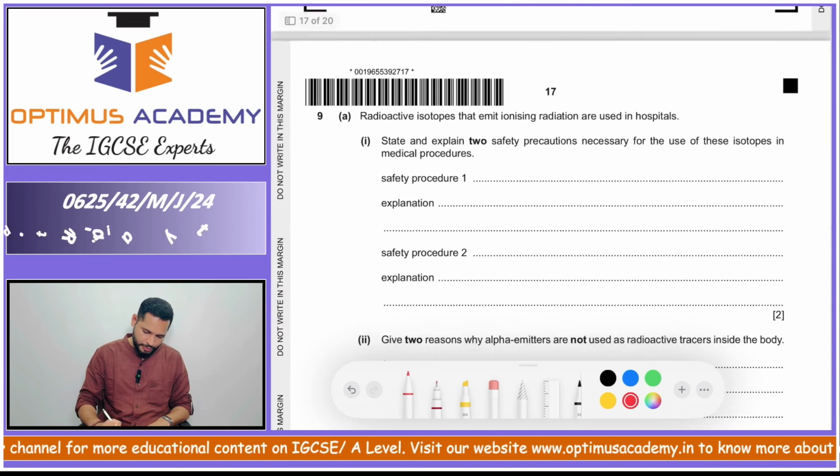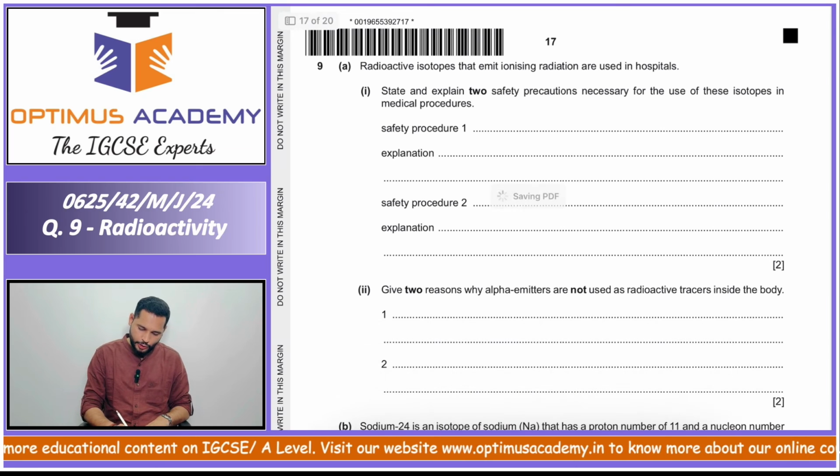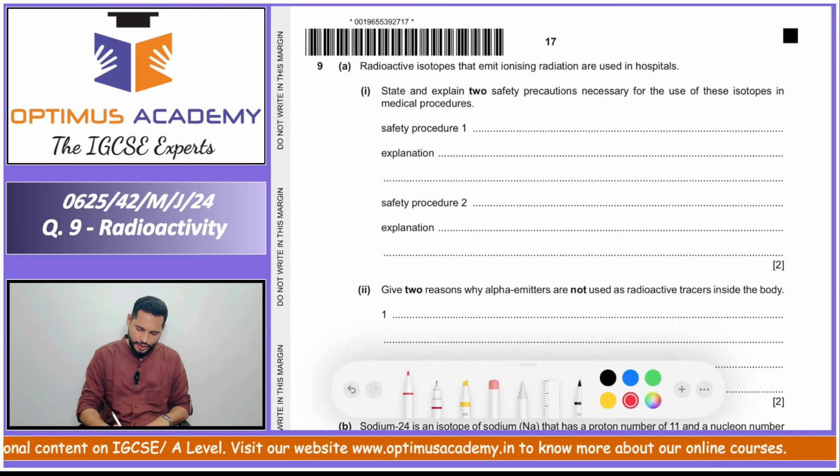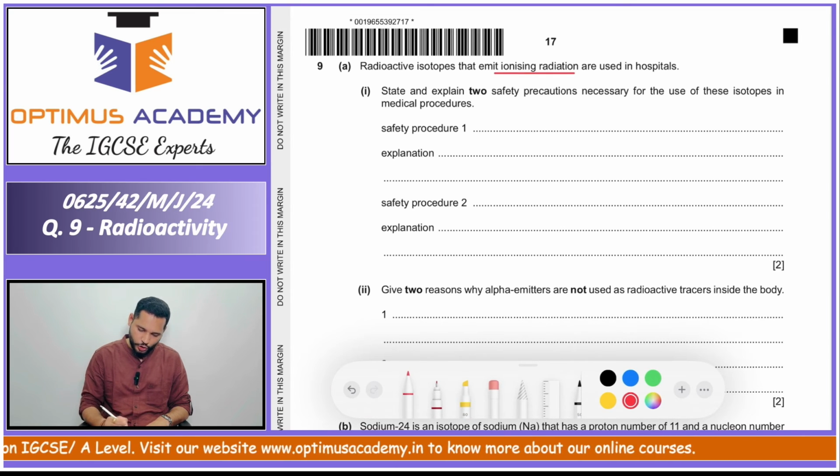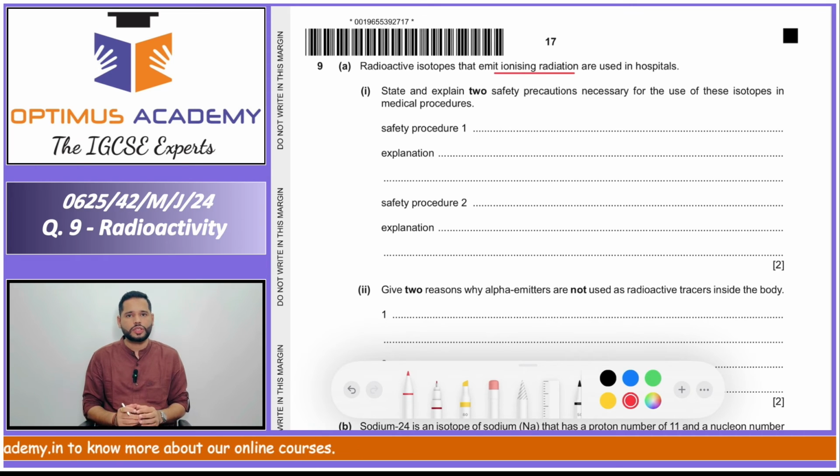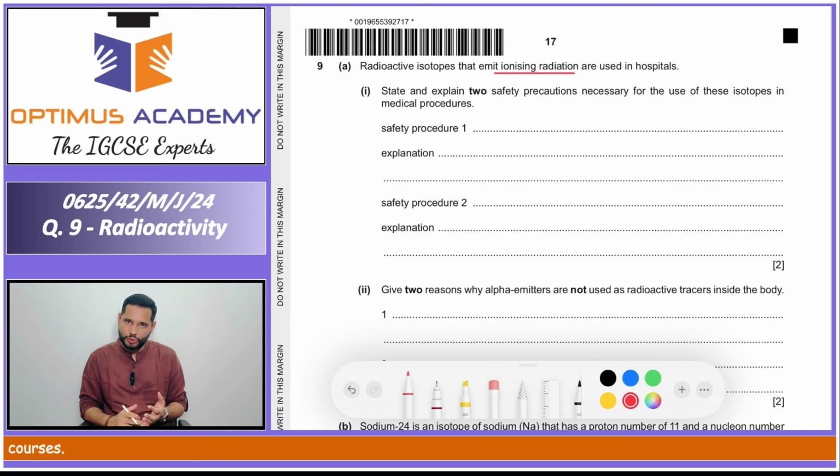We will go to question number 9. Question says, radioactive isotopes that emit ionizing radiations are used in hospitals. State and explain 2 safety precautions necessary for the use of these isotopes in the medical procedures. So the standard precautions that we have to follow whenever we are handling radioactive isotopes would be to reduce the exposure time.